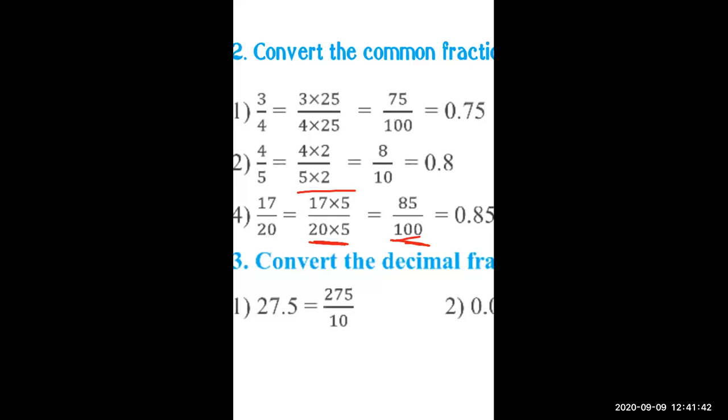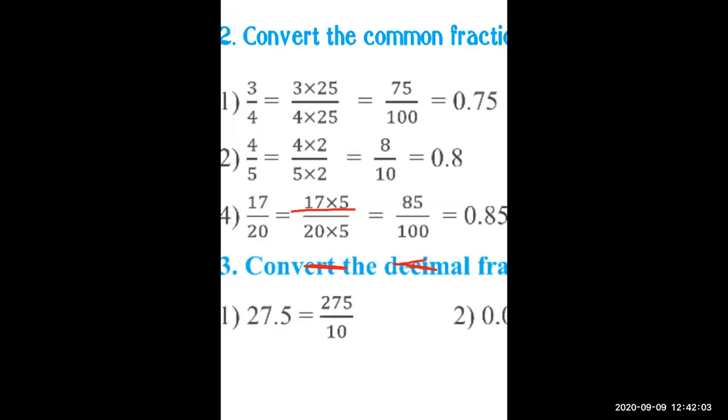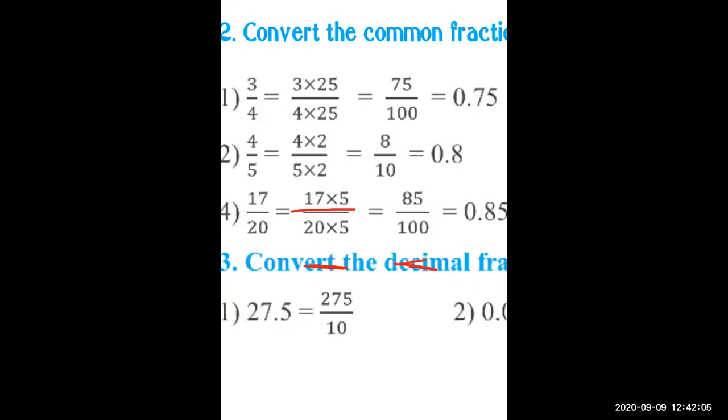If I multiply 20 by 5, the answer is 100. When we multiply the denominator by 5, the numerator should also be multiplied by 5. So 17 multiplied by 5 equals 85. So here the main answer is 0.85.